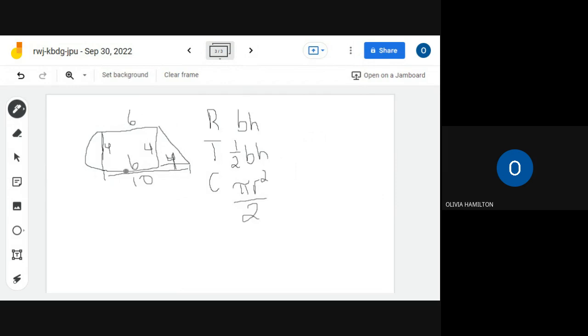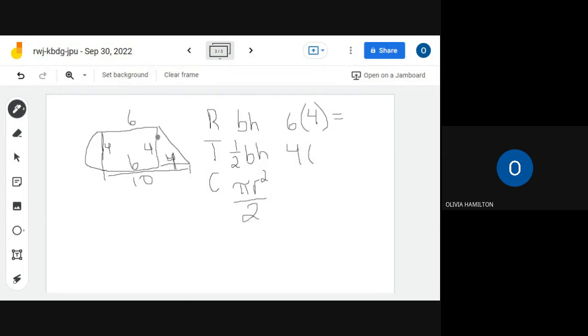The base of the rectangle is 6. And you're going to multiply that by the height, which is the 4, because the height goes from the base to the top. And then you solve this. Next, triangle. The triangle's base is 4, because this is the bottom.